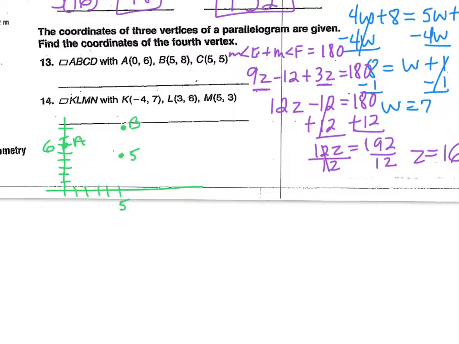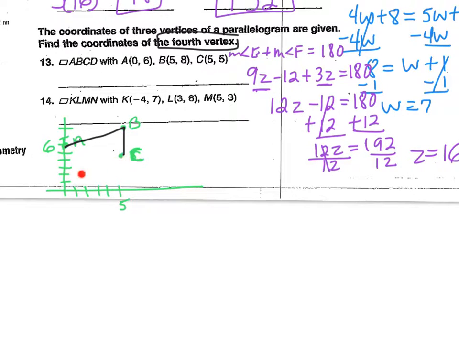Now, I know that when I connect A to B to C, the next point should be D. And that's the one that is missing. That's the fourth vertex. So would D be on the left of C or on the right of C? It has to be somewhere here, right?